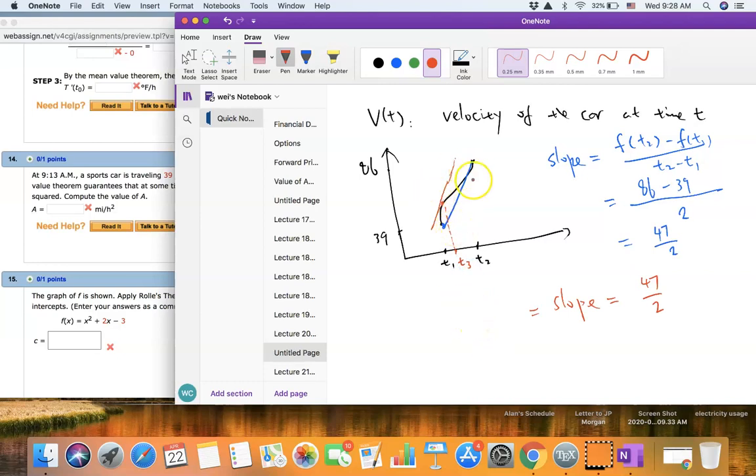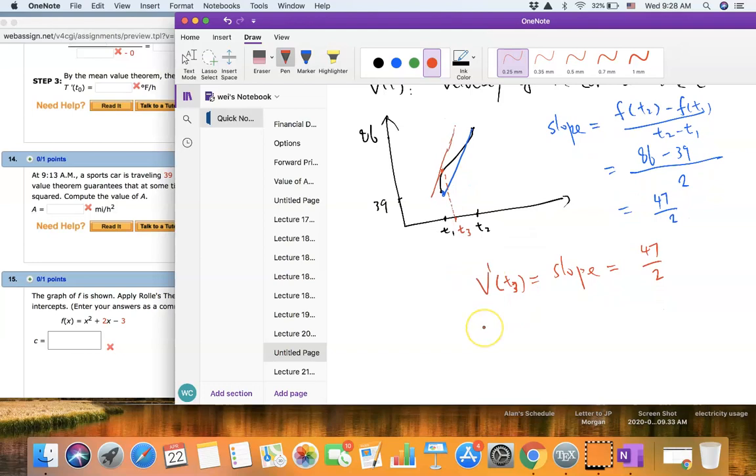Since this function is the velocity function, the derivative of the velocity function at this time t3 will be the same as the acceleration function when t equals t3.